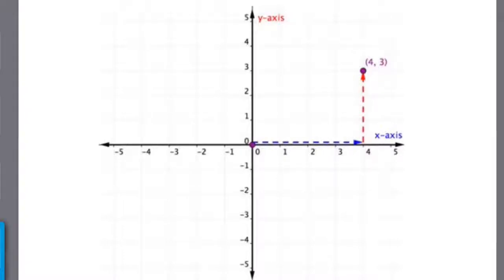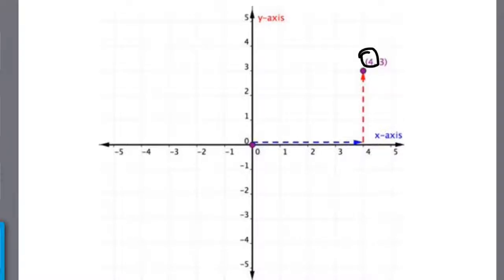Now let's take a minute to actually figure out how we find an ordered pair for a point on a coordinate grid. So you have an example here for you. Remember, the first number in your ordered pair is your x value.